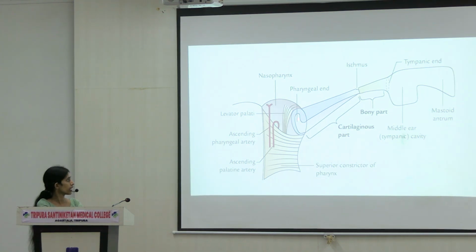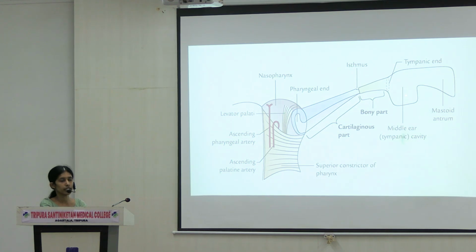The pharyngeal end is a slit-like structure which is present vertically and it is larger in size compared to your tympanic end. Your tympanic end is more like a tubular structure which is smaller compared to your pharyngeal end. And your tympanic end is associated with which wall of the middle ear?